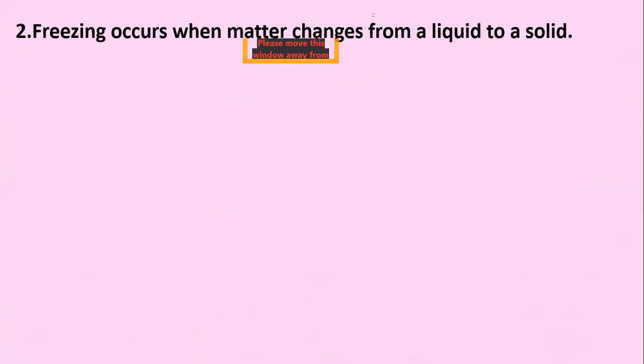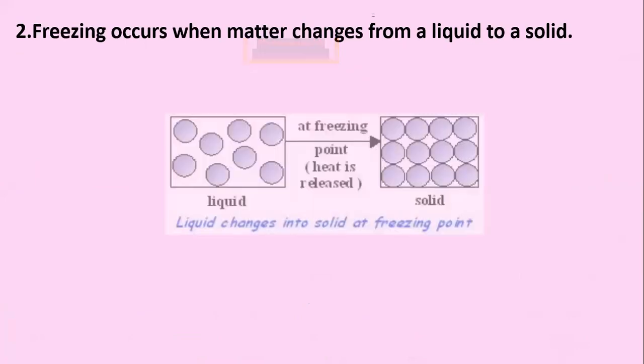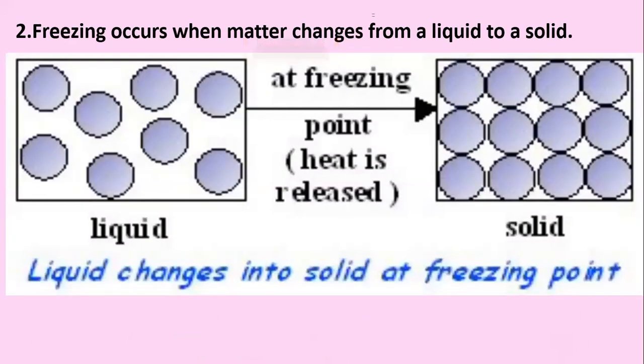Freezing. It's the opposite of melting. So it occurs when a liquid turns into a solid. And you can see there the change. You can see the particles are apart in the liquid. And then you correctly said earlier on that the particles lose heat to the surroundings.